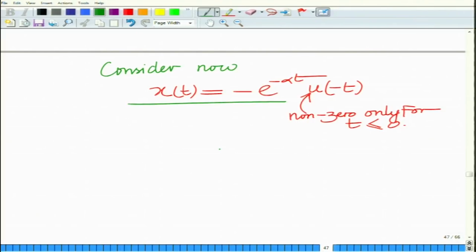While the previous signal was e power minus alpha t u(t), this is minus e raised to minus alpha t u(minus t), which exists on the left side. So this is a left-handed signal that exists only for t less than or equal to 0.